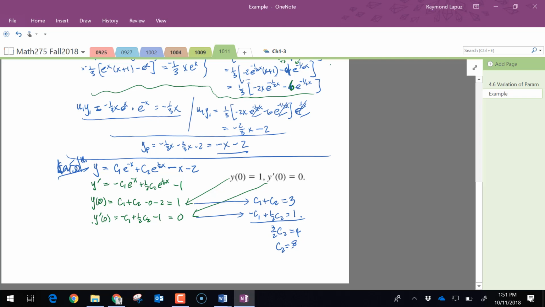C2 equals 8/3. Plug that back into one of them. I guess the first one would be nice. C1 is equal to 3 minus 8/3, which is 1/3.